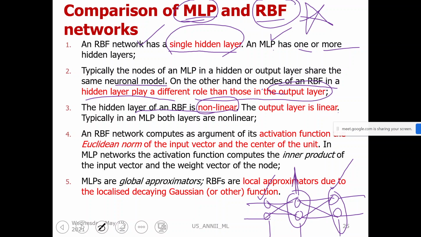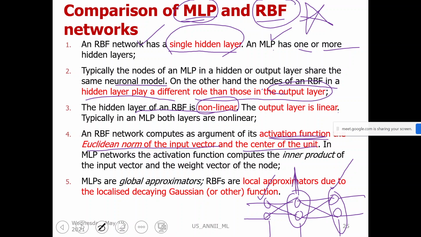In an MLP, both the hidden layer as well as the output layer are non-linear. Now the RBF network computes the argument of its activation function as the Euclidean norm of the input vector and the center of the unit.